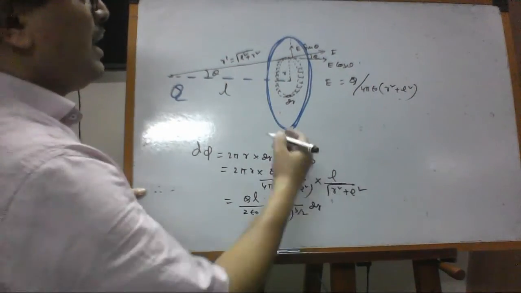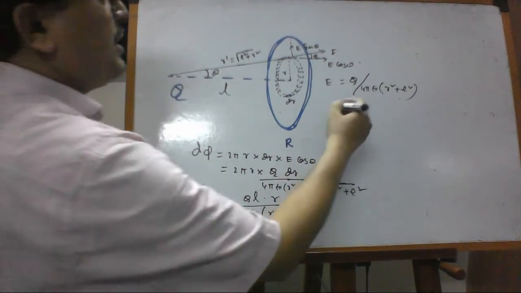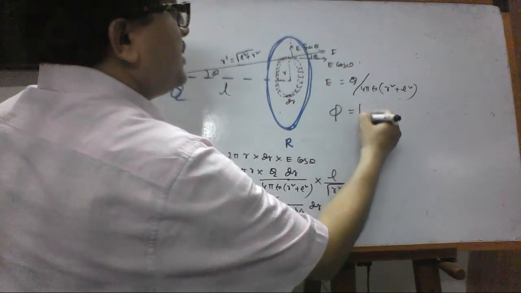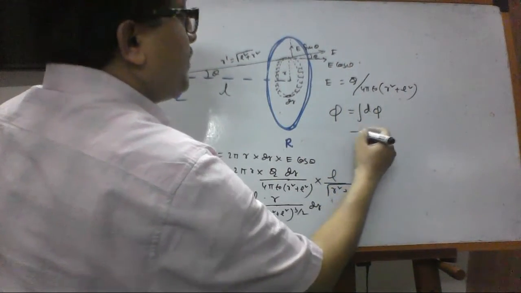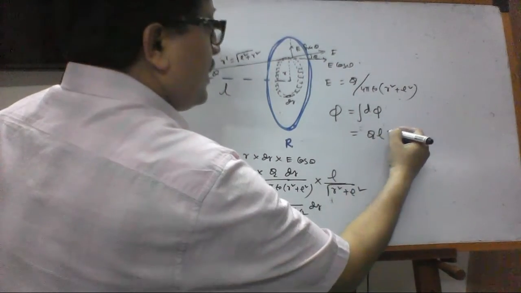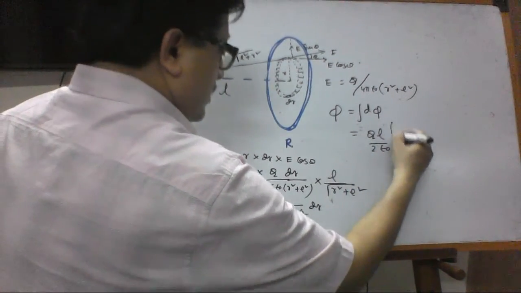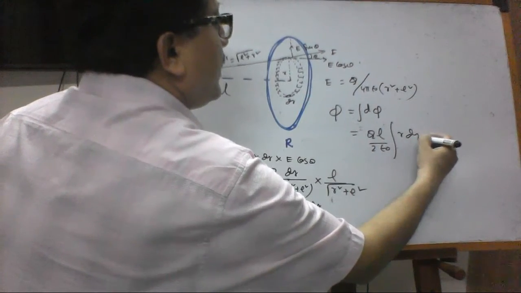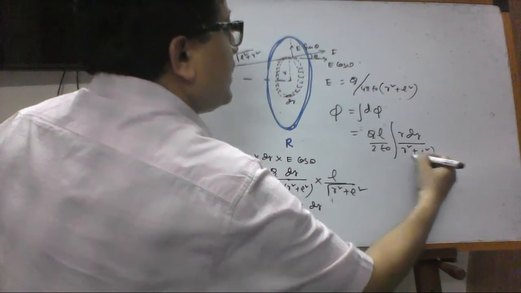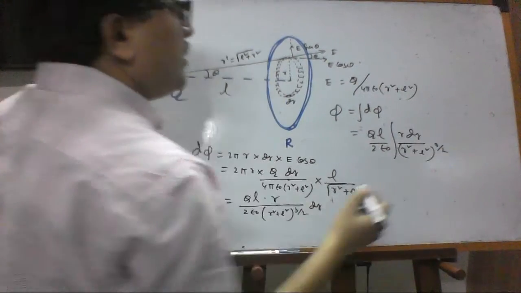So to calculate total flux, we should integrate it. So flux through the surface will be the integration of d phi, that is QL by 2 E0, r dr by r square plus L square to the power 3 by 2.